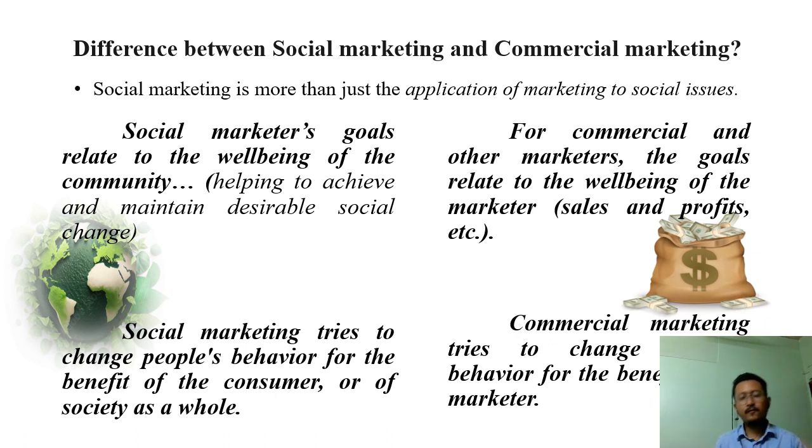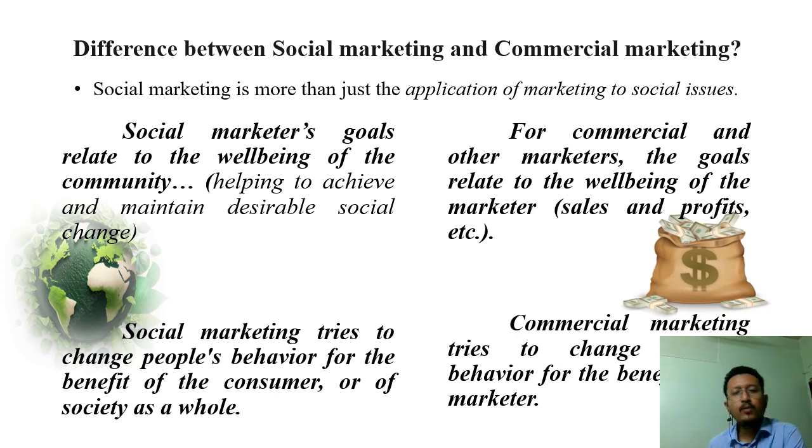The very first and important difference here is that the goal of a social marketer is to work towards the well-being of the community or the society as a whole, right? In other words, to help the society achieve and maintain desirable changes or behavior.